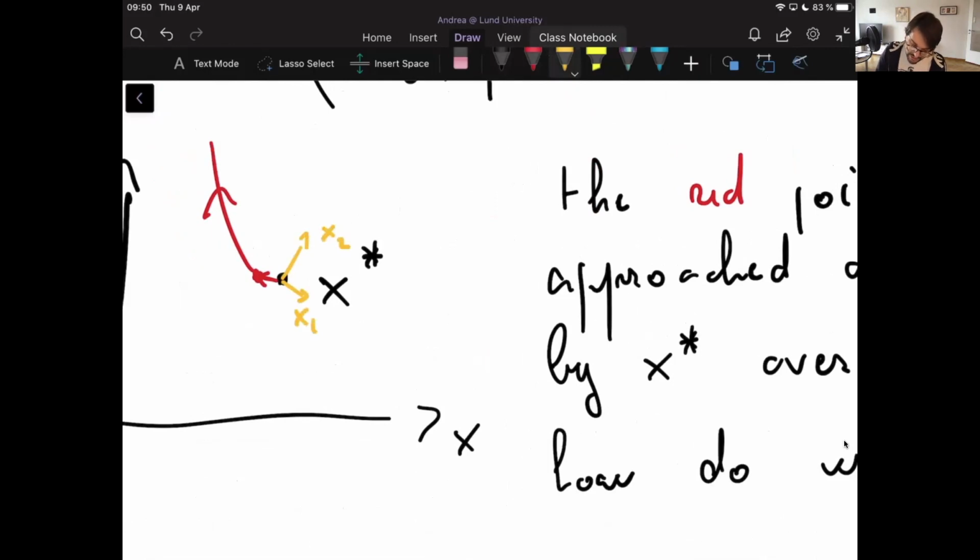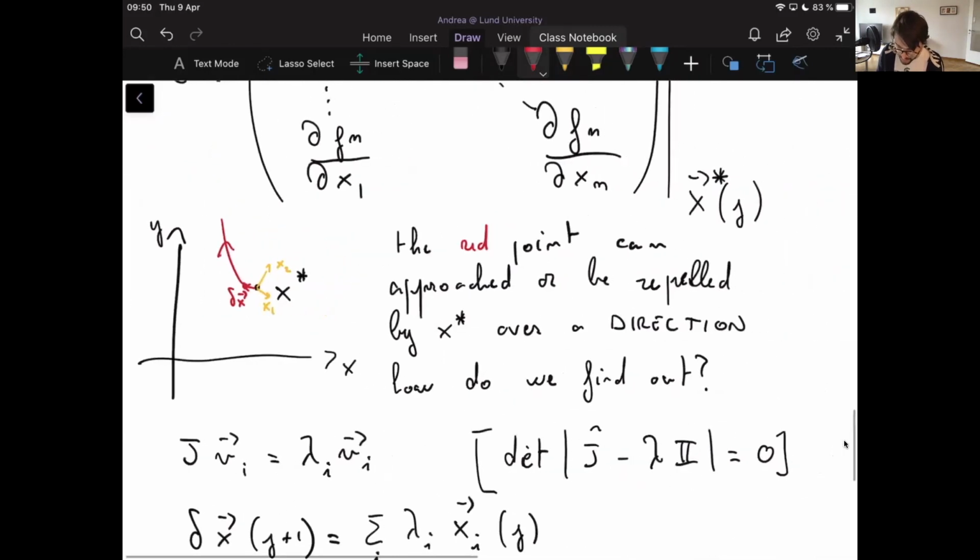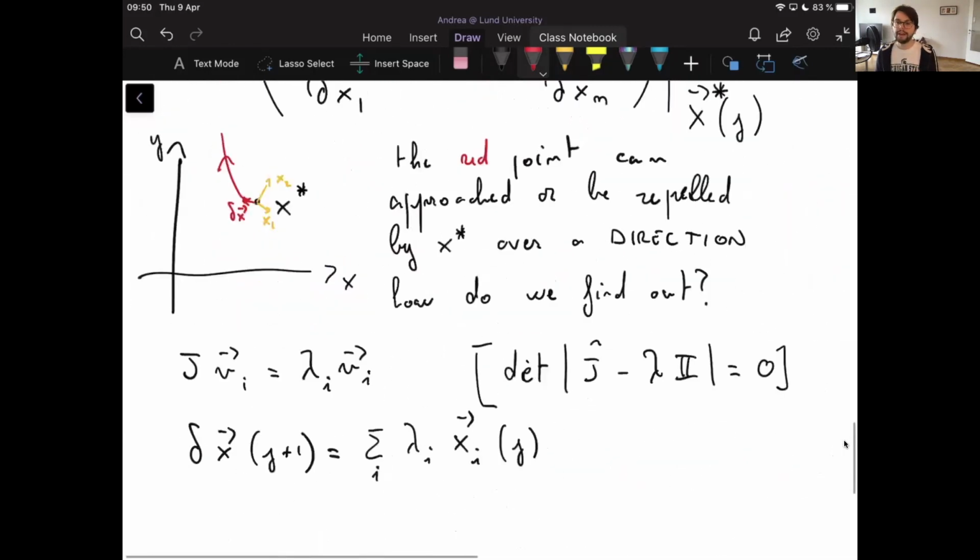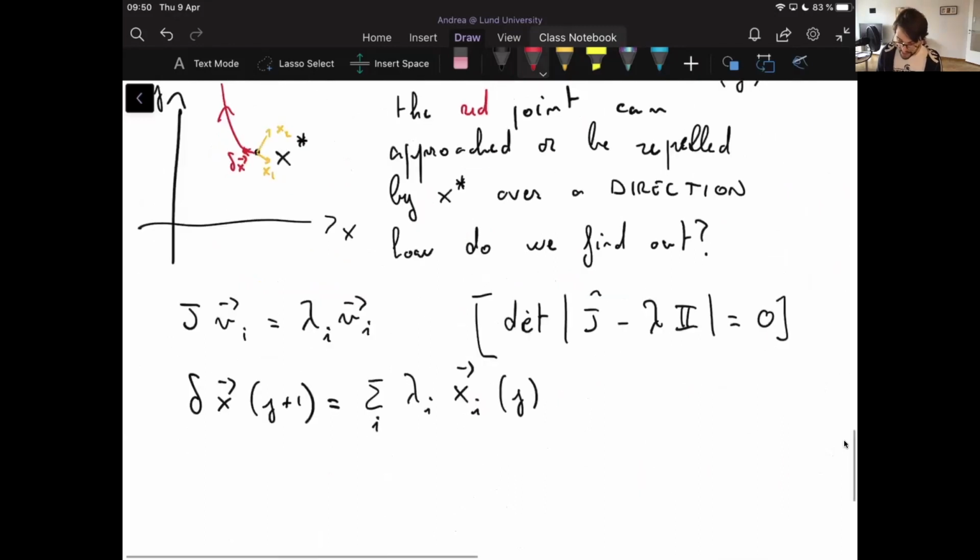Therefore, this vector delta x can be expressed in these other bases of x1 and x2. And in these other bases, you will have some factors, and you will have to multiply by the eigenvalues to find out the scale that is reproduced over these new bases.